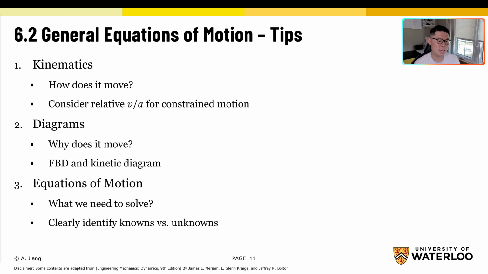Lastly, when setting up equations, clearly identify the knowns and unknowns. You will see a lot of variables, a lot of values, numbers, right? Which one is something you want, which is information that is going to help you set up the equation. And there might also be some non-essential distracting information.